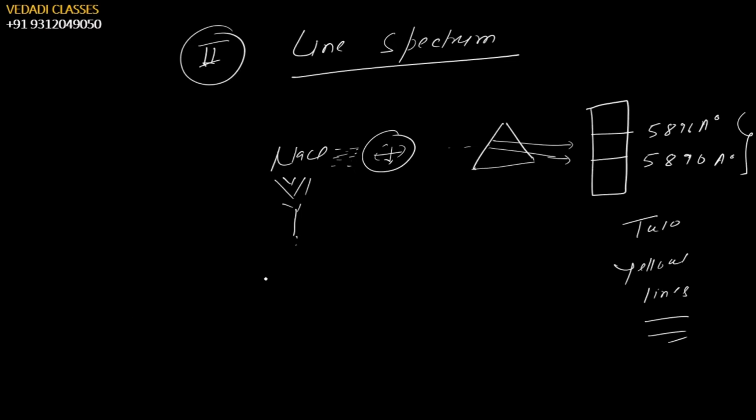So emission has 2 types: first is the continuous spectrum, second is the line spectrum. Now we will discuss the absorption spectrum.